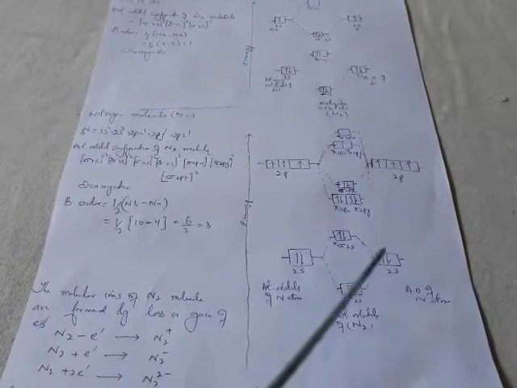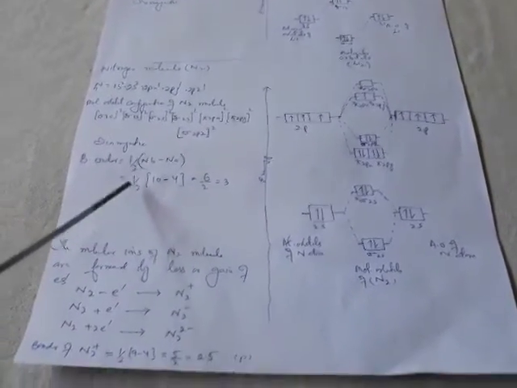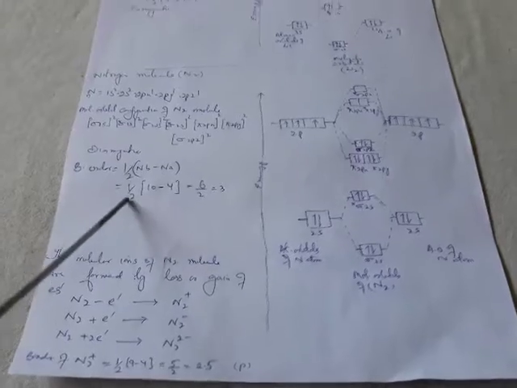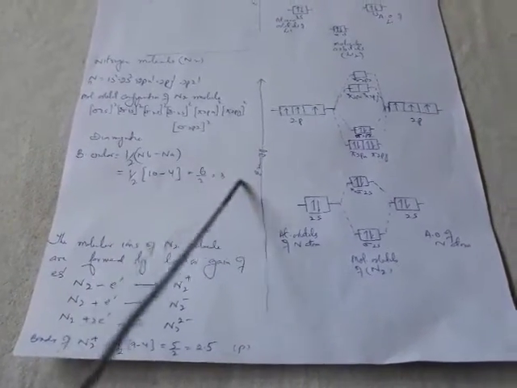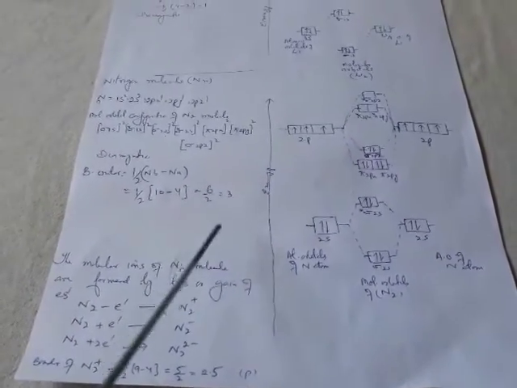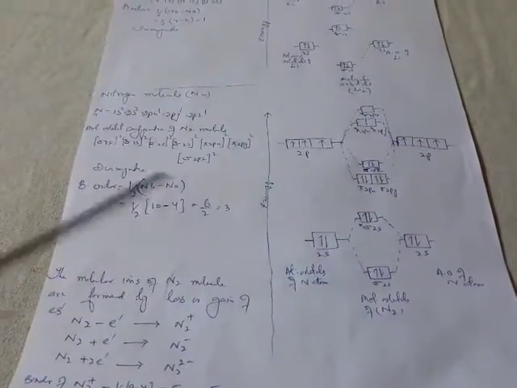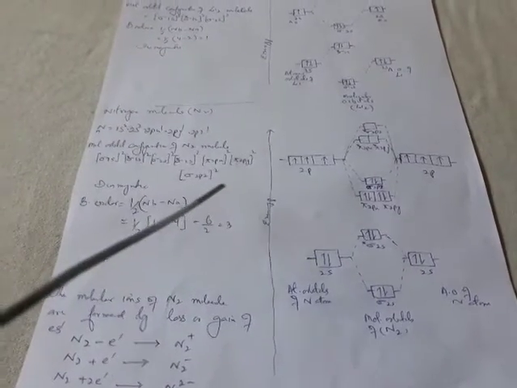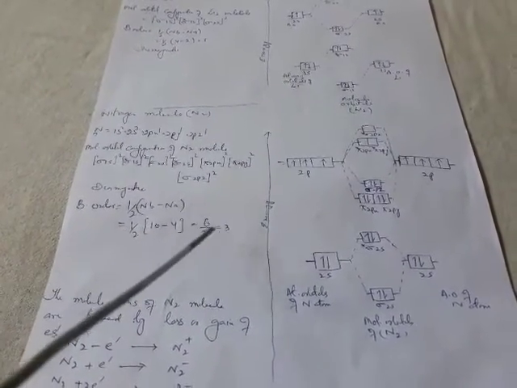So 2 and 2, that is 4 electrons. So bond order comes out to 1 by 2 times 10 minus 4, that is 3. So that means in the nitrogen molecule there is a triple bond. That means the two nitrogen atoms are linked together by means of a triple bond.